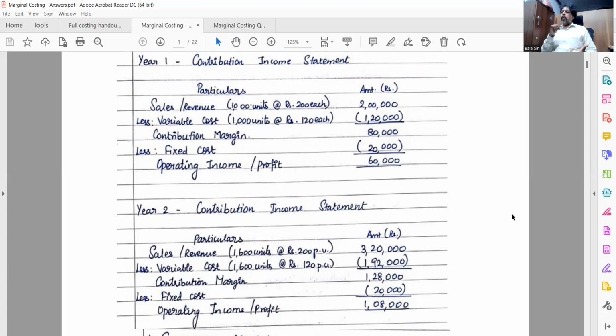The contribution margin is 1 lakh 28,000. Less your fixed cost, which doesn't change with the volume, same 20,000 rupees. So what is your operating income or profit? It works out to 1 lakh 8,000, right?